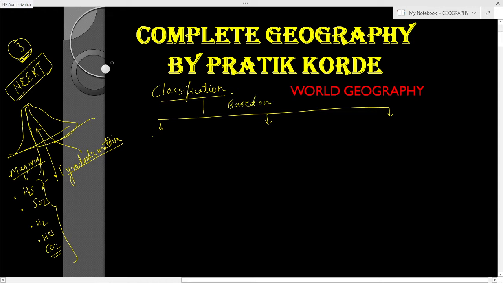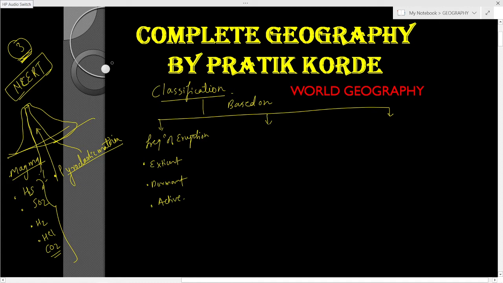The first is frequency of eruption, meaning whether in the recent past it has erupted or not. If for a longer period it has not erupted, as far as humans can recall, it is called extinct. Second is dormant, and third is active.